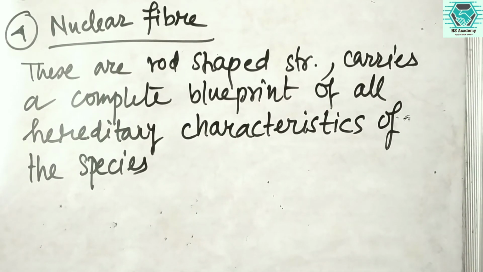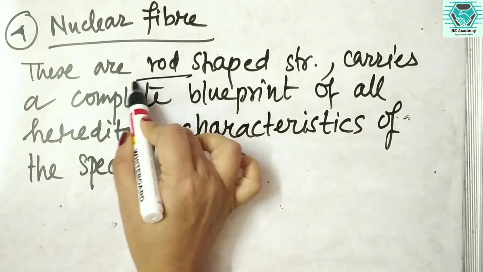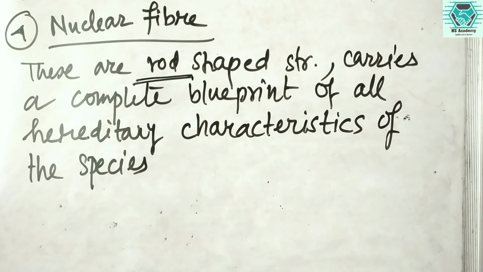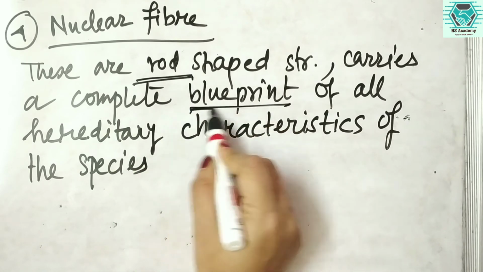Number 4 is the nuclear fibers. These are also called chromatin fibers. They are rod-shaped structures that carry a complete blueprint of the hereditary characteristics of the species.